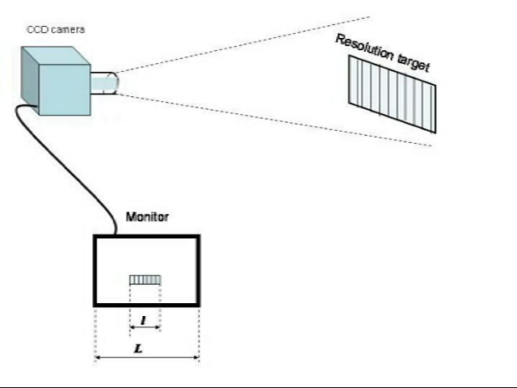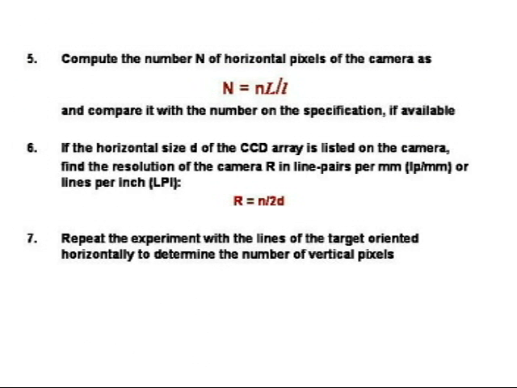Then, as you can see from the next slide, you can compute the number of horizontal pixels of the camera as your resolution, small n, times the ratio of the image size, capital L, over the target image size, lowercase l. And you can compare it with the number in the specification if available.